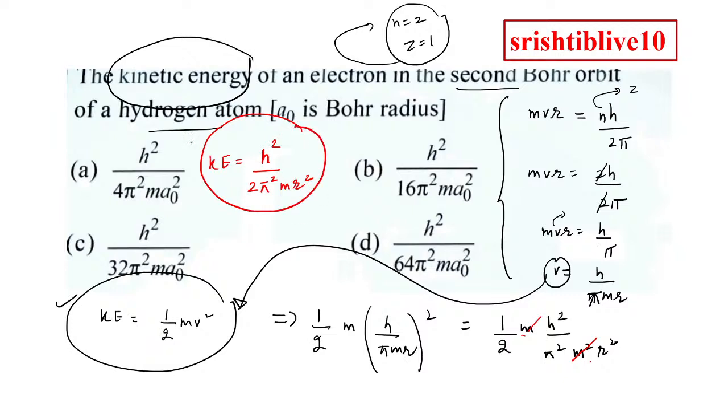Now in the expression we have h square and pi square, but we need the expression in terms of a naught, that is Bohr's radius. So I know the expression of radius: radius is equal to 0.529 n square by z. Yes or no? This is the formula of radius. Everyone, just let me know if you are clear with this formula, 0.529 n square by z.